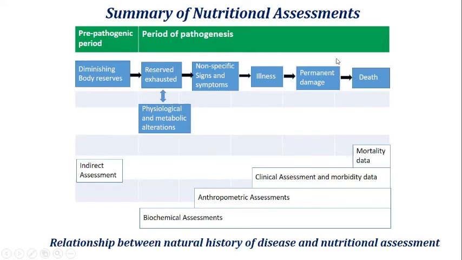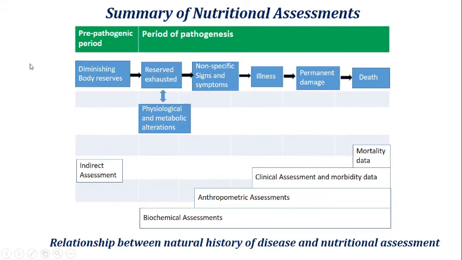Finally, if he died from that disease, mortality data is again an indirect assessment. And the morbidity data, if someone suffered permanent damage from a disease, is calculated under the morbidity data. So these are again indirect assessments.